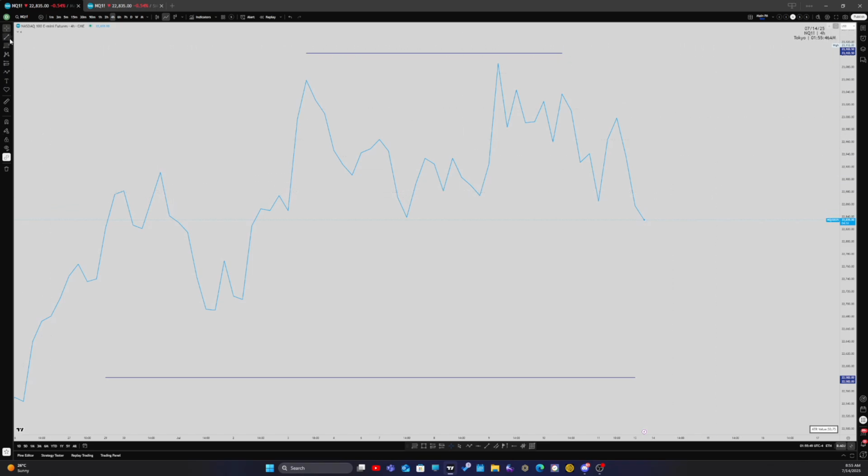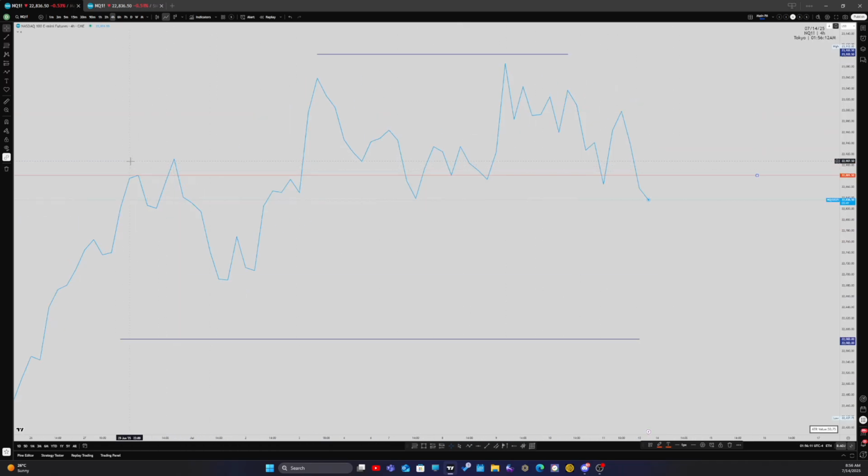And if you look at this, we have this touched here, traded through, came down, traded through, came down, touched it again. So price reacts to this level quite a lot. So arguably inside this range there's the supply and demand area.